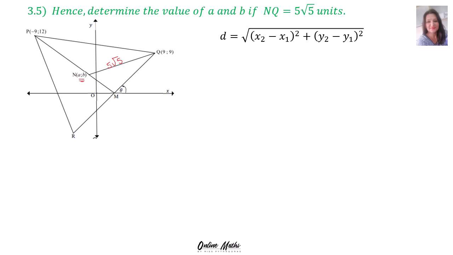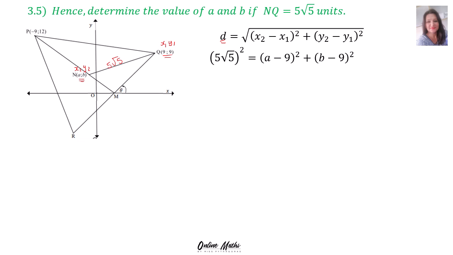So the length D is 5 root 5, and we will use Q's coordinate, the 9, 9, and we will use N's coordinate, A and B. So if you want to, you can say this is x1, y1, and then A is x2, y2. It will help you when you substitute.